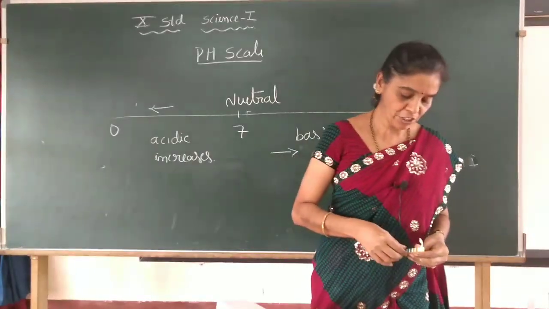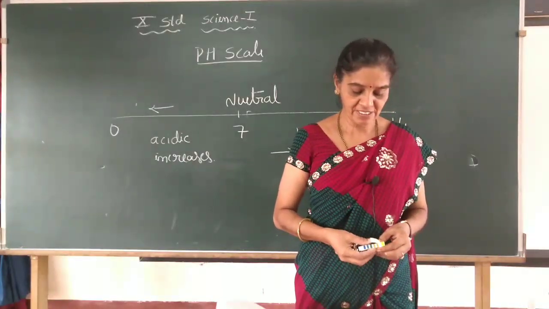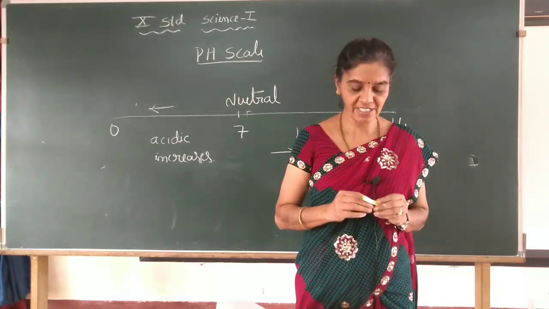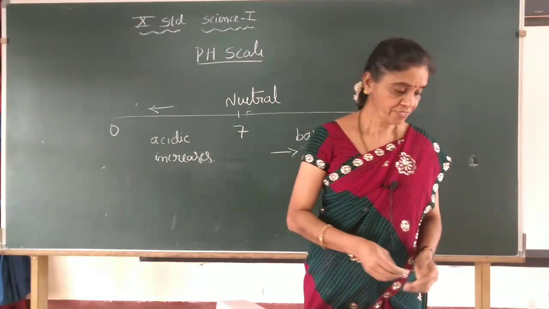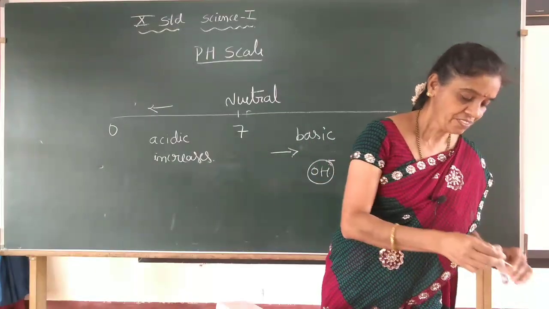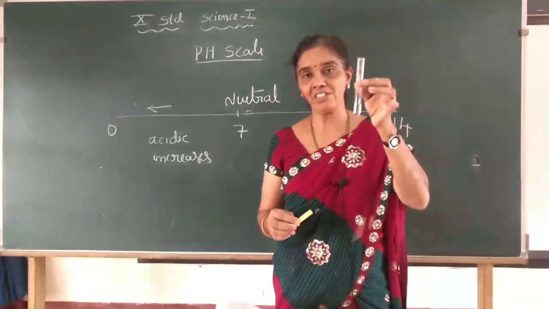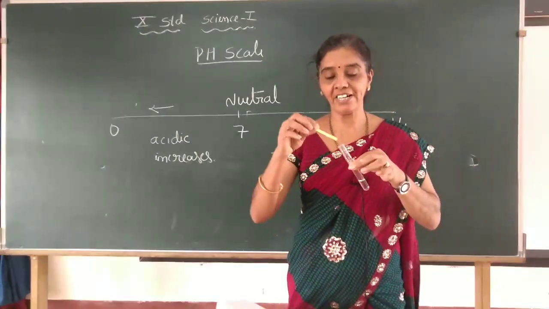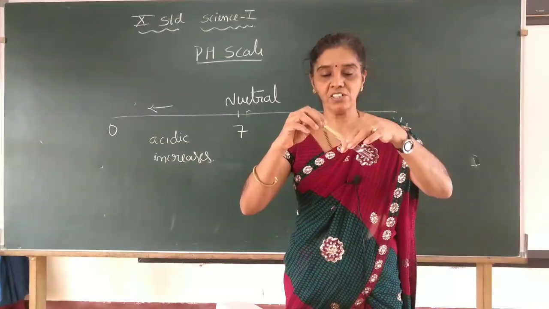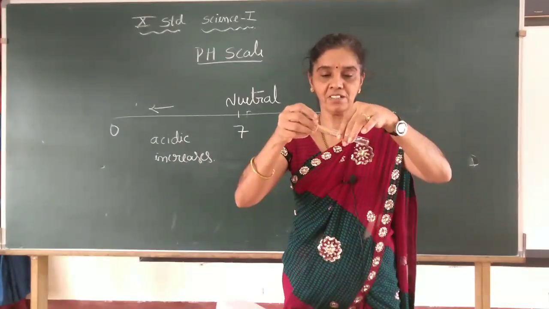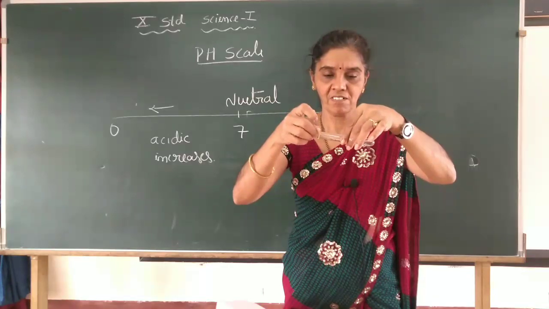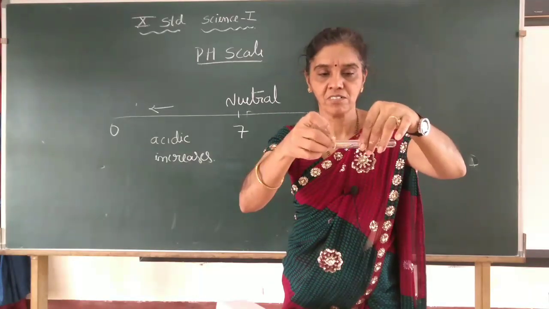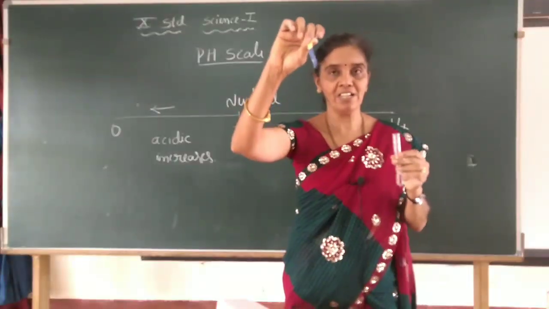For example, I will show you one example just by using this indicator. Now I have a calcium hydroxide solution with me. It is a base. So which color will I get now? This is the universal indicator I am using. Now can you see blue color?